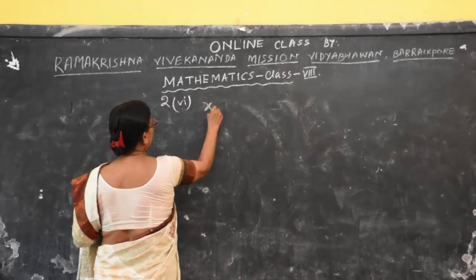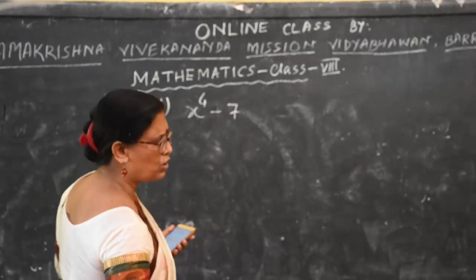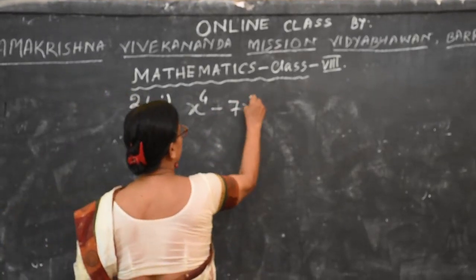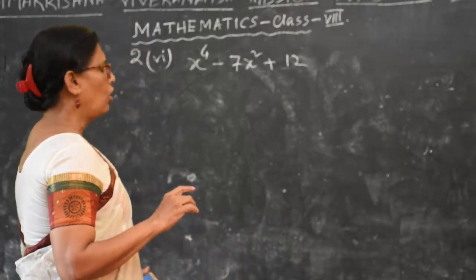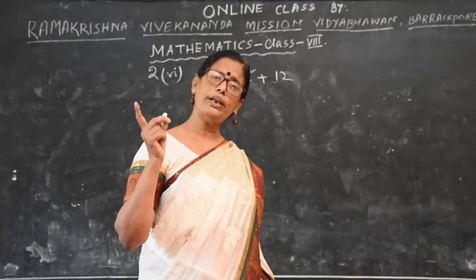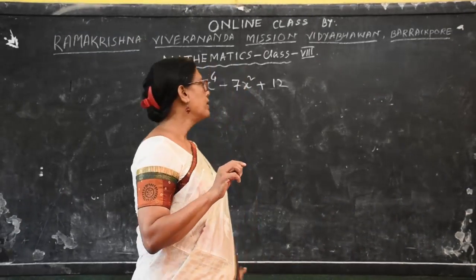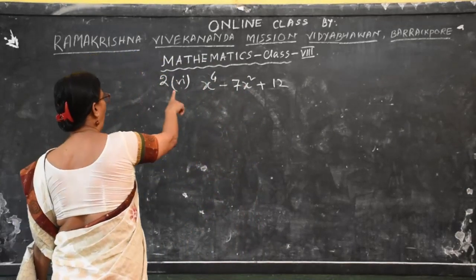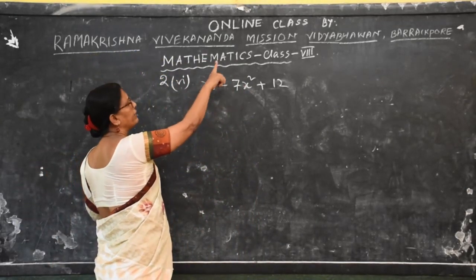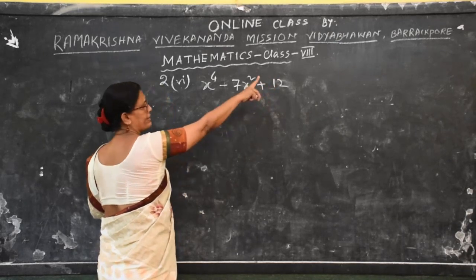See, this is x to the power 4 minus 7x square plus 12. So we discuss 13.1 and 13.2 in the same slot. Say it is 1 of 13.1. This is the 12. 12 means there is no x.